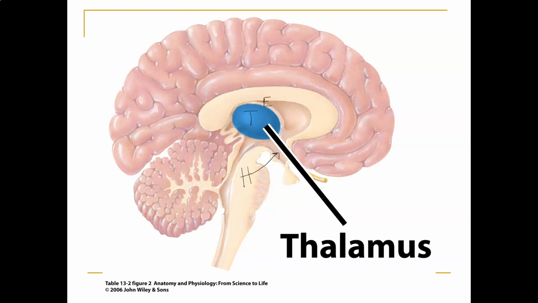So it's kind of the gateway, and then from the thalamus it's directed to the right part of the cortex. So the thalamus would direct visual information to your visual cortex and auditory information to your auditory cortex. Smell is the exception. Smell does not go through the thalamus. So it's the gateway for most sensory information going to the cerebral cortex.